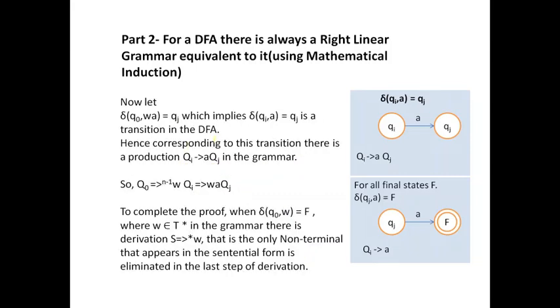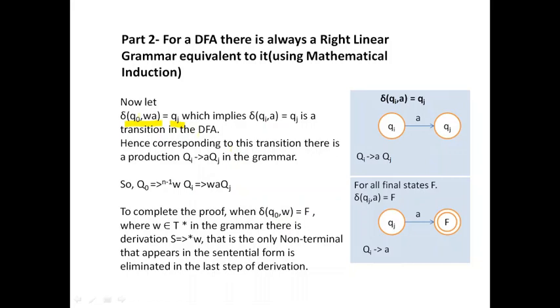Now we are going to show that it is true for strings of length n as well. Let us consider the string WA. From the initial state Q0, reading WA, we reach state Qj.